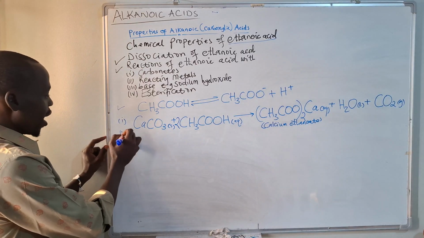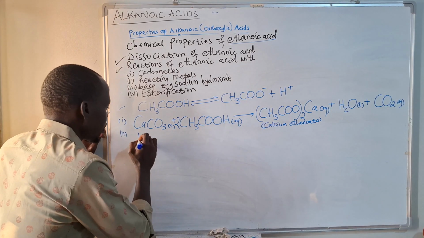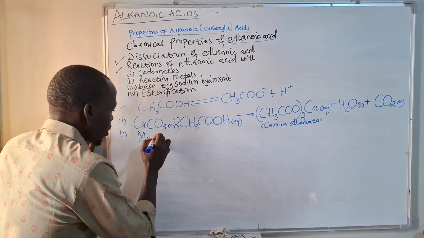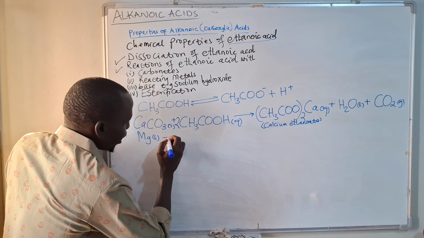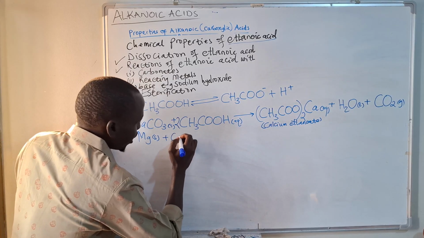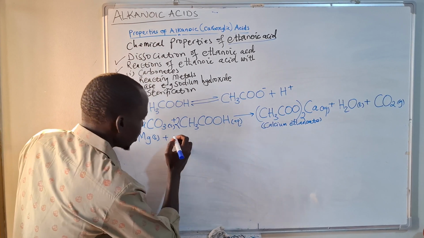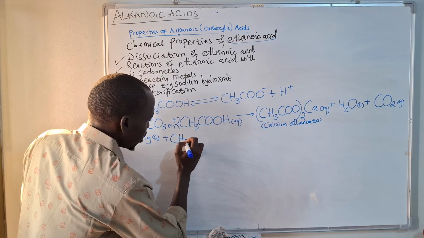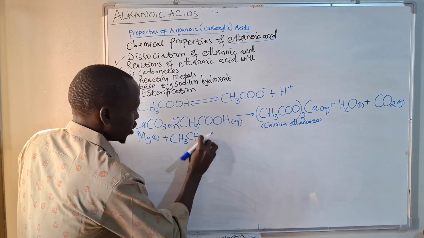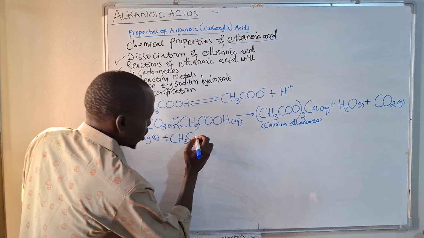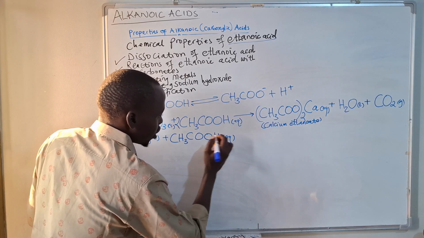So what if I also have reacting metals? An example is magnesium. I get my magnesium, which is solid, reacted with ethanoic acid, CH3COOH, which is aqueous.